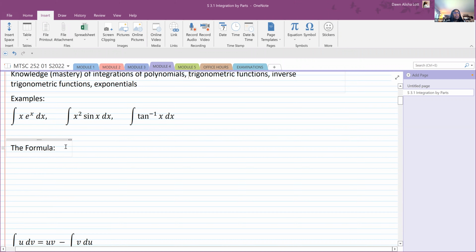Okay, so we want to recall the formula, the product rule for differentiation.